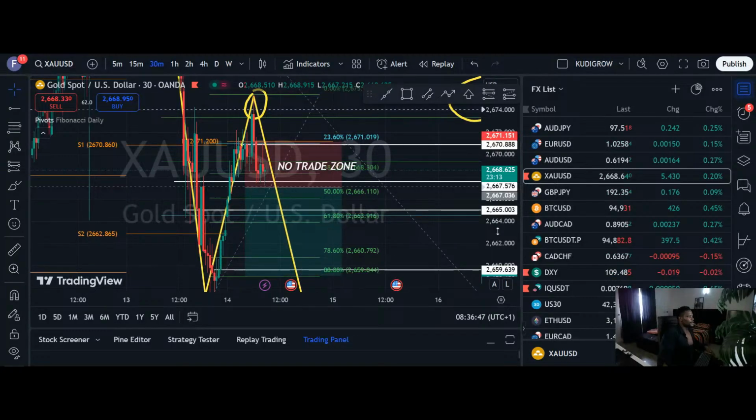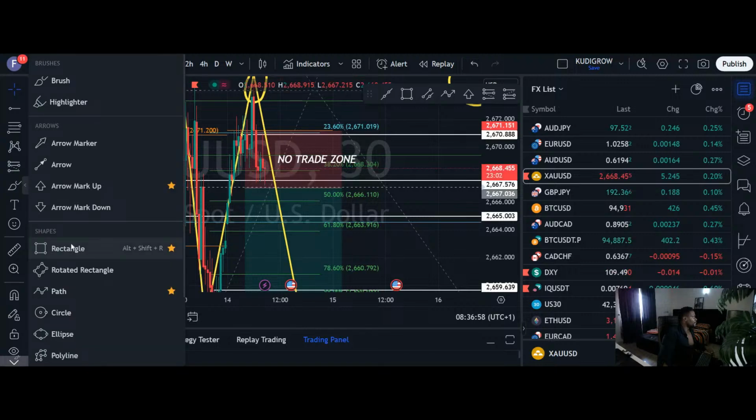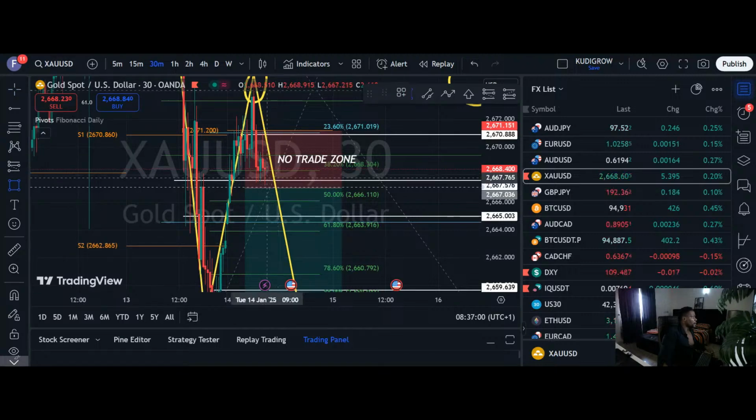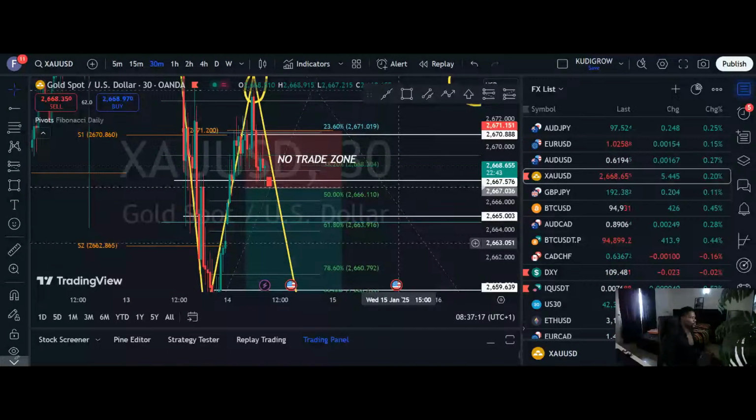All right. Look at that pullback. Crazy pullback. So patience is key. You have your trade cut across for you right now. You want the candle to close below this white line, or set a sell stop at 2667 such that if it triggers, half of your risk will be in.